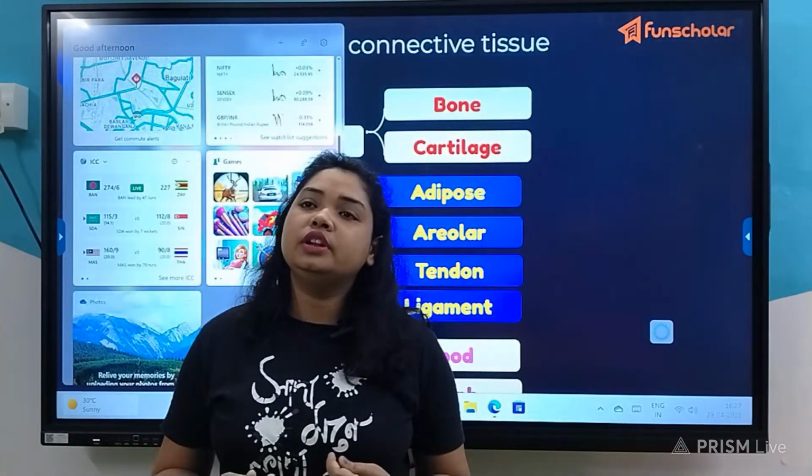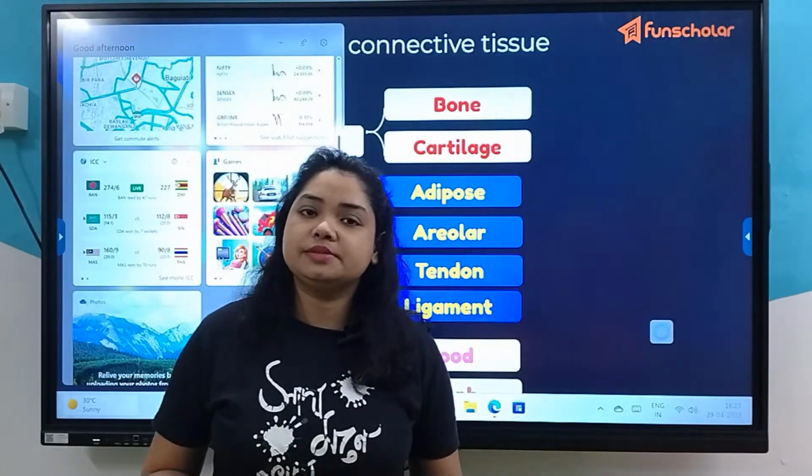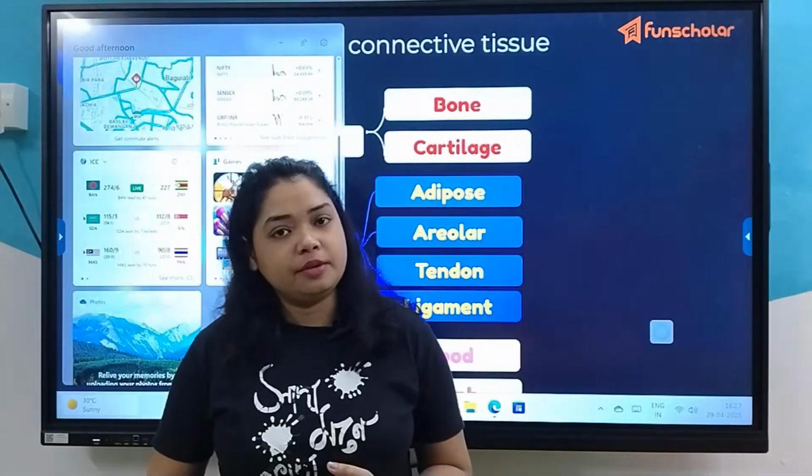So therefore, these types of substances need to be secreted by a special type of epithelium, which is known as glandular epithelium.